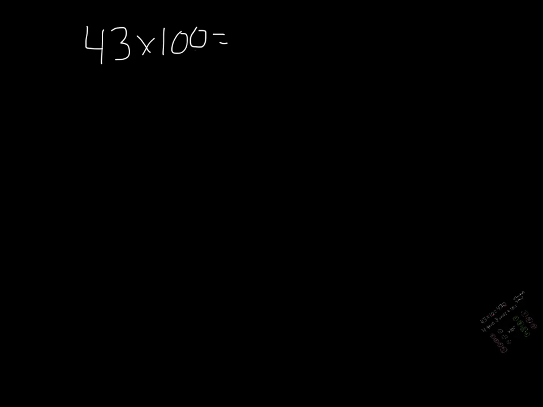I want us to try 43 times 100. So this time, instead of doing 43 times 10, we do 43 times 100. And if I wanted to once again draw my 43, I could draw it using 4 tens and then 3 ones.